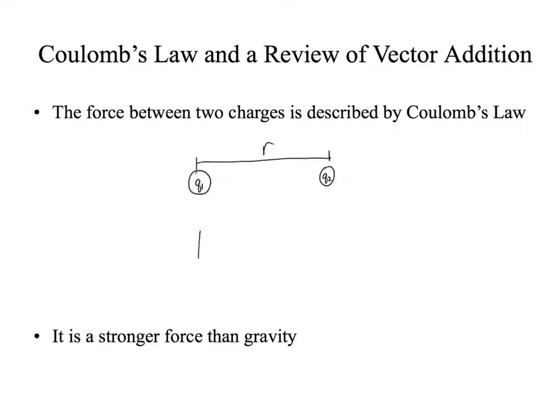According to Coulomb's law, the force that exists between the two is equal to a constant, the Coulomb constant, times the product of the two charges divided by the distance squared. And the Coulomb constant is equal to 8.99 times 10 to the 9th, and that would be Newton meter squared per Coulomb squared.